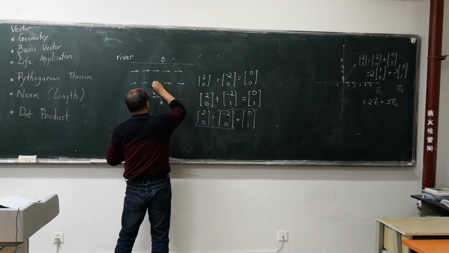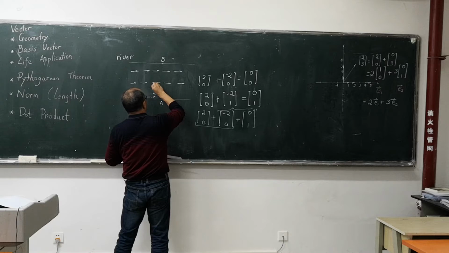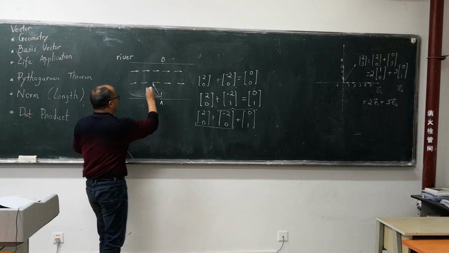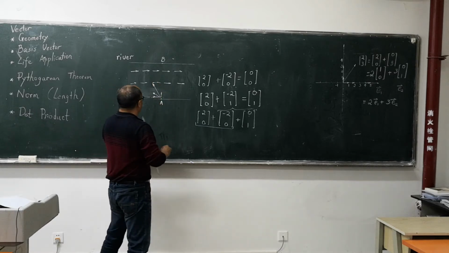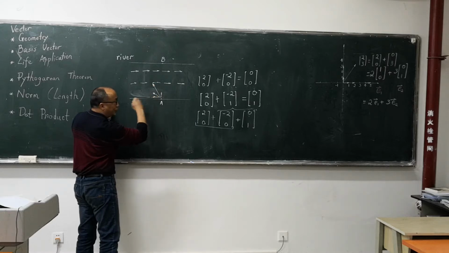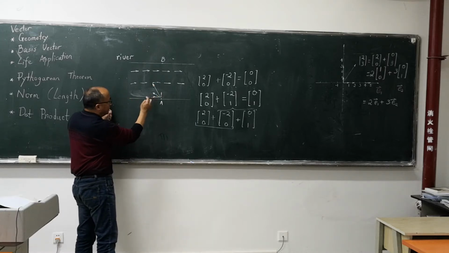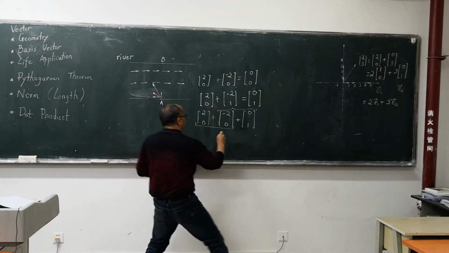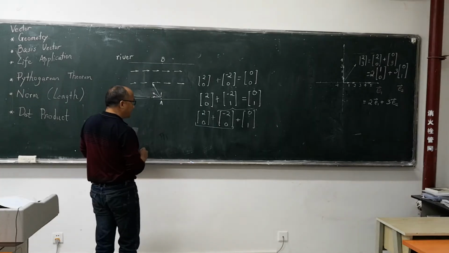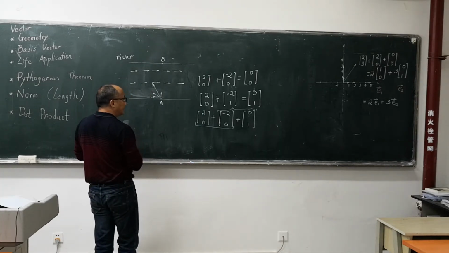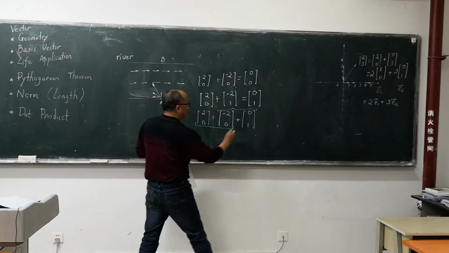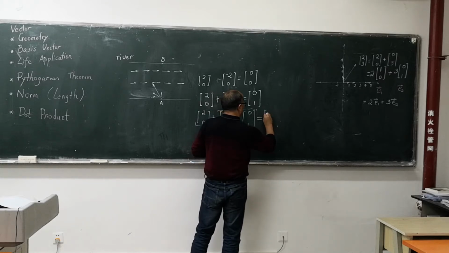Now, if your boat is going this way, let's say the minus 2, when you project to the horizontal, is still minus 2.